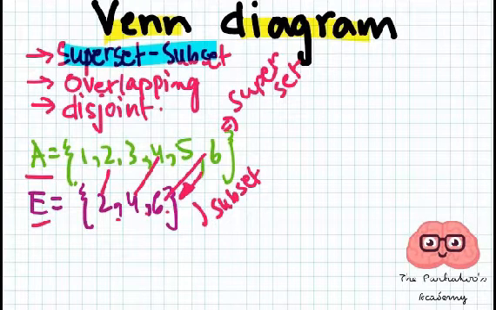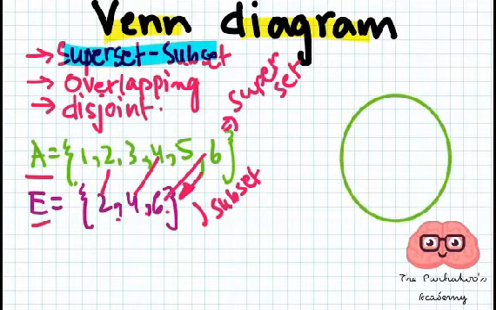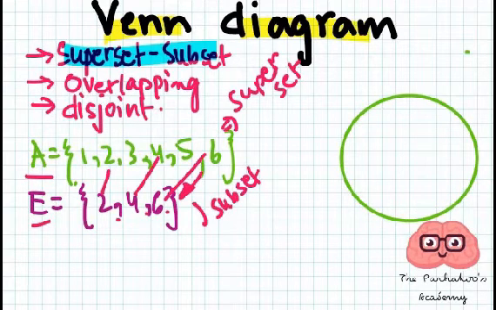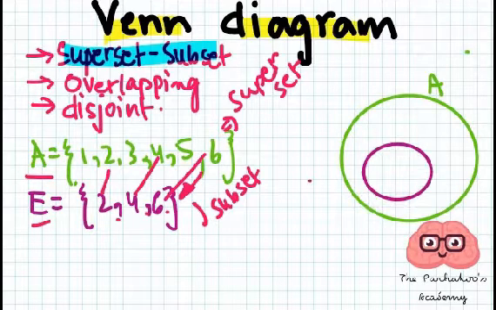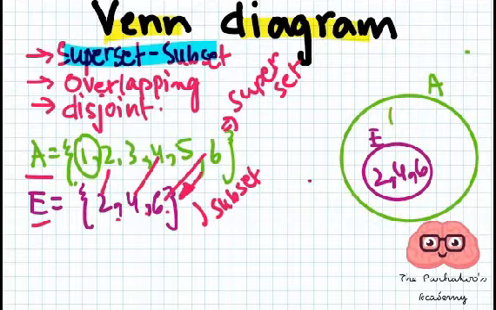So here the superset can be drawn by using a circle. Okay, so this is A. The subset, since it is a set which contains only some of the elements, goes inside, right? This is E. Here in E we have 2 4 6. In A we are left with 1 3 5.